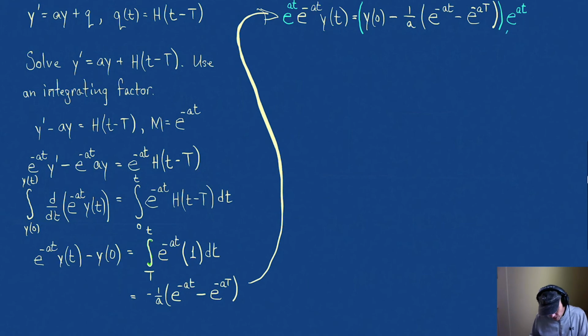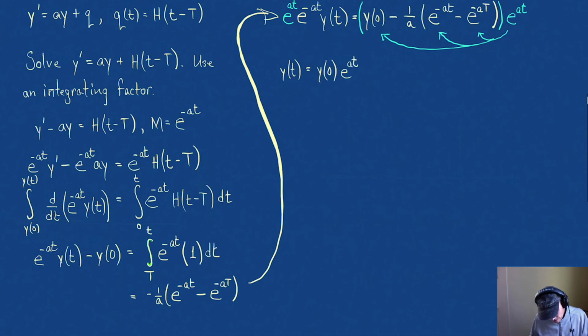So we're going to distribute this e to the at to the y of 0, to the e to the minus at, and to the e to the minus a capital T. On the left-hand side, I have y of t equals y of 0 e to the at, minus 1 over a times e to the minus at times e to the positive at. Well, remember, you just add the exponents. That's just e to the 0, so this is 1.